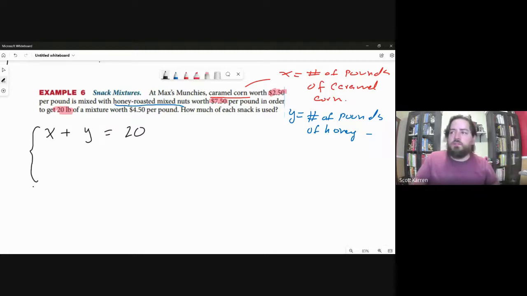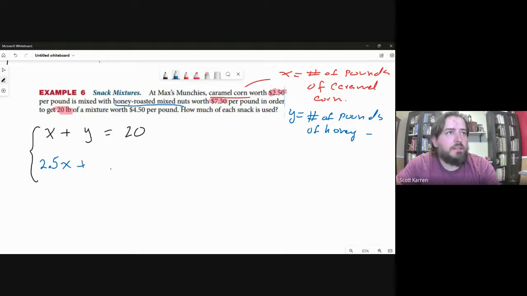That's the first equation. First equation is typically the easiest. The other one's a little bit more difficult, but it has to do with the prices, right? If caramel corn is $2.50, then $2.50 per pound multiplied by the number of pounds gives you the cost of the caramel corn that's used.